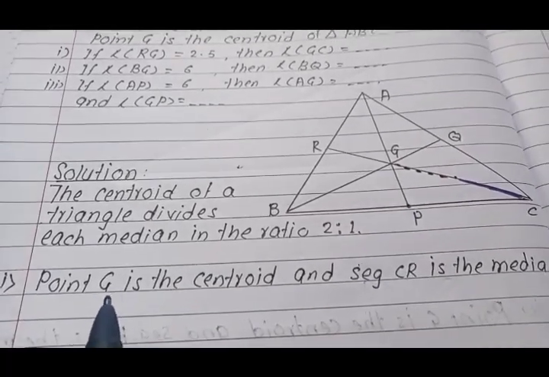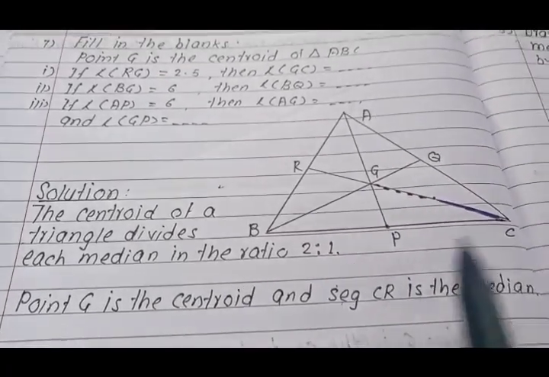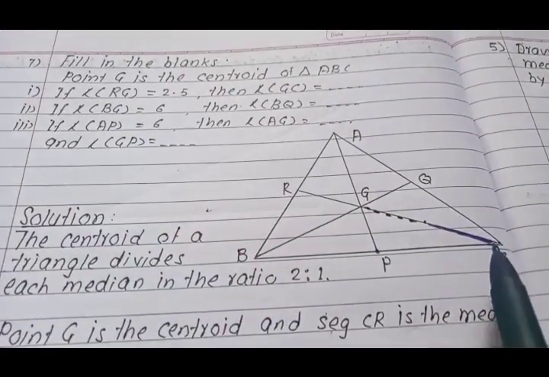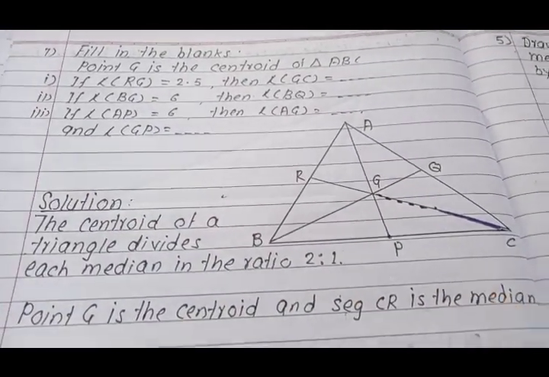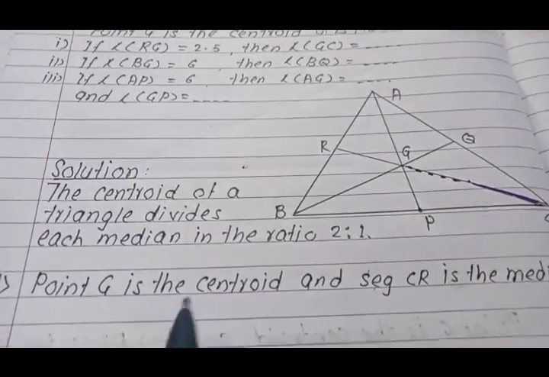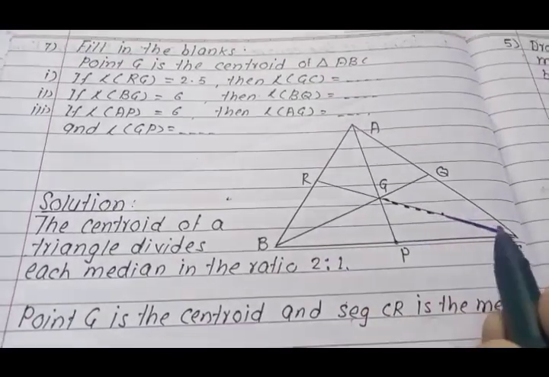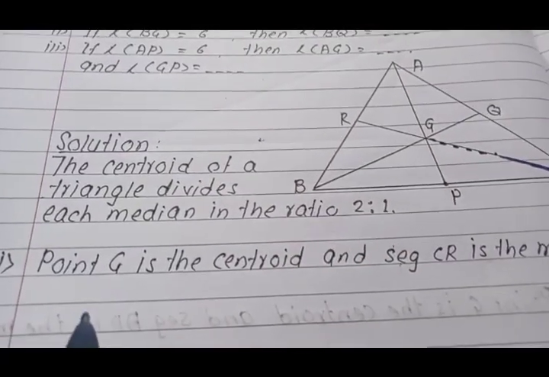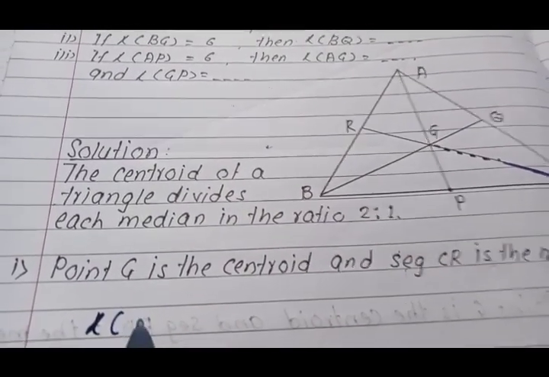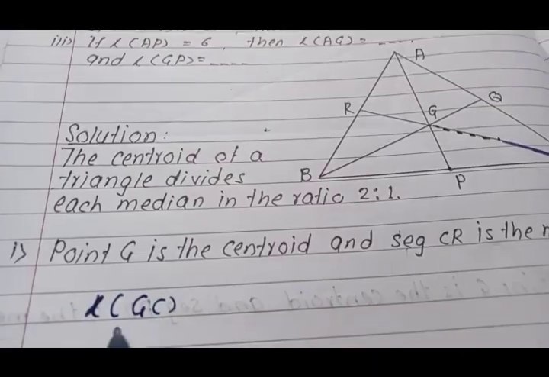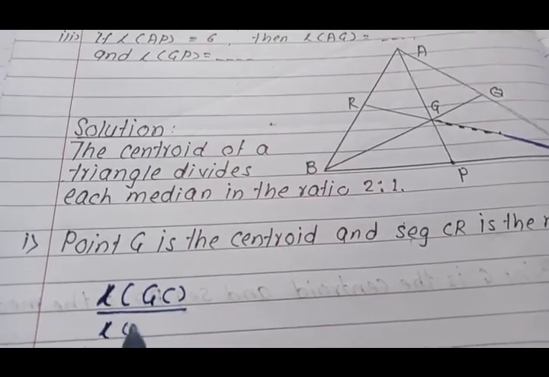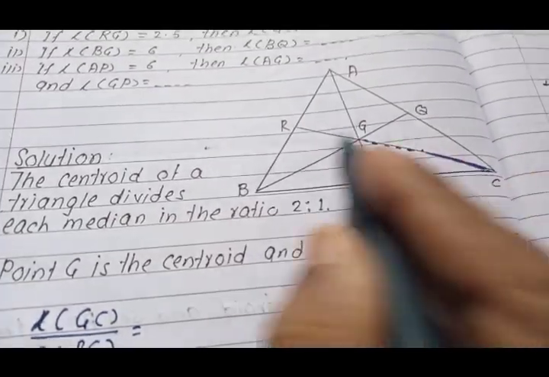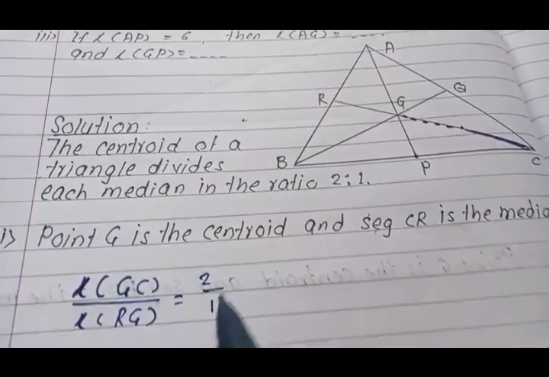Question first. Point G is the centroid and segment CR is the median. RG is given. So length GC upon length RG equals 2 upon 1.